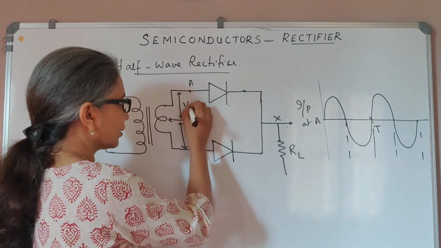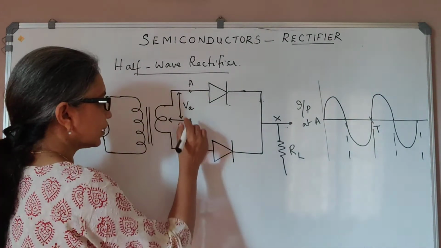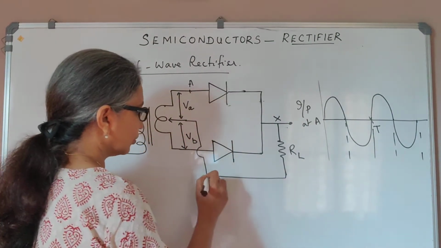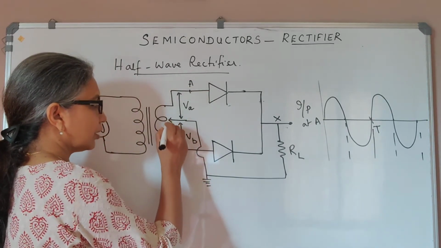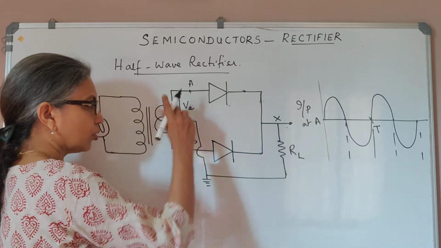Let's say I'm calling this VA and this VB. This center tap in this case is grounded, connected to the ground, so that the secondary winding is divided into exactly two voltages.